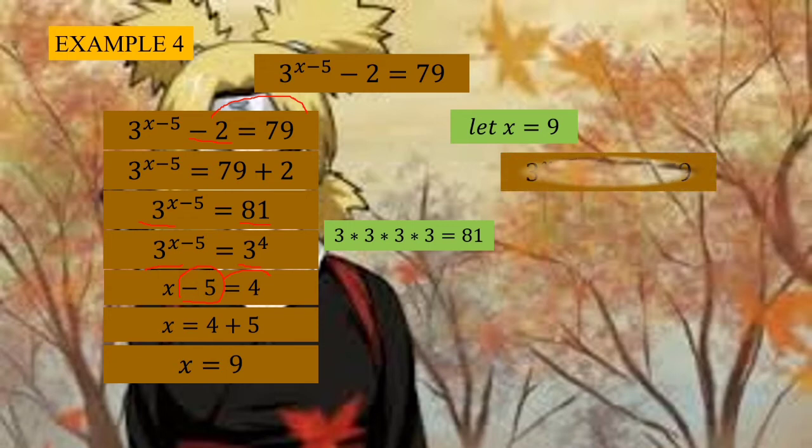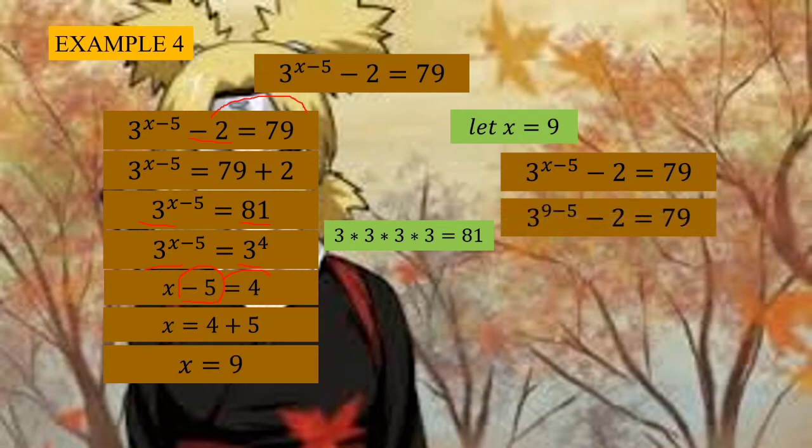So, let x is equal to 9 for checking. So, gamitin natin yung equation. 3 raised to the power of x minus 5, minus 2, is equal to 79. Isa-substitute na natin. So, 3 raised to the power of 9 minus 5, minus 2, is equal to 79. So, 9 minus 5 is 4, so 3 raised to the power of 4 minus 2 is equal to 79. So, what is 3 raised to the power of 4, class?